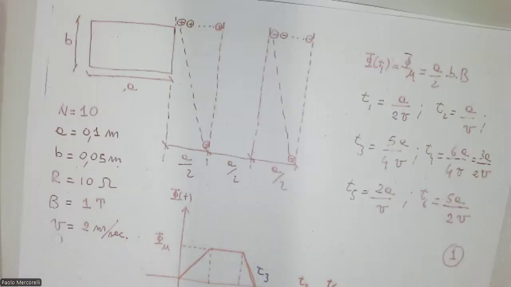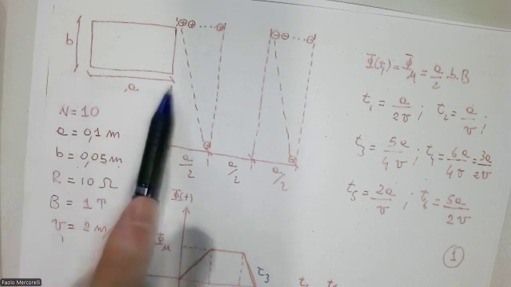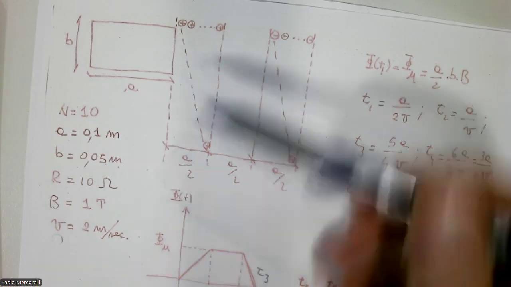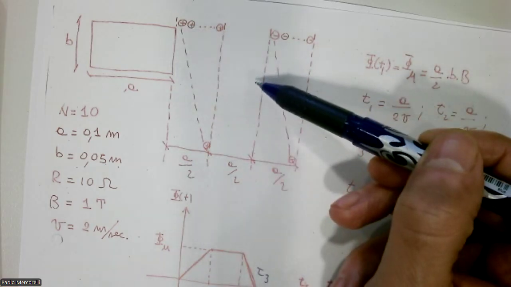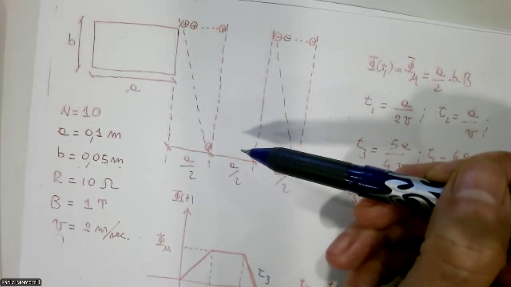Remember, in the first lecture I clarified how we can do this, because it's the minimum length between this and this. Do you remember? If you look at the first lecture exercise, I clarified this more precisely. Why is it constant? Because when this conductor is here and I am moving right, the effective surface does not change.